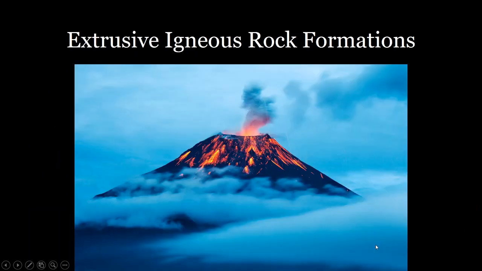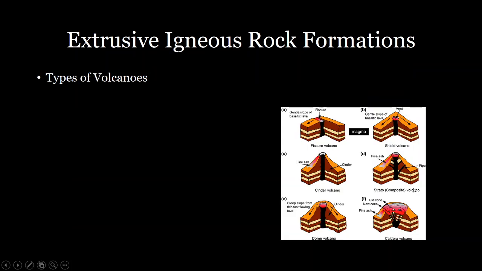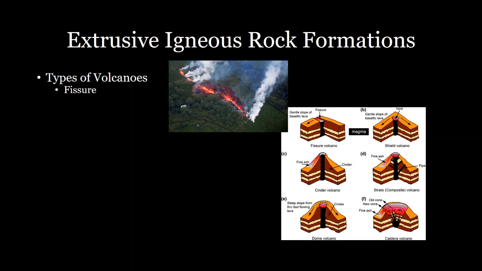So next, let's talk about extrusive igneous rocks, the most notable of which are volcanoes, where you have magma coming up and releasing lava all around them. So there are multiple different types of volcanoes. The first of which, the least explosive of which, are fissure volcanoes.